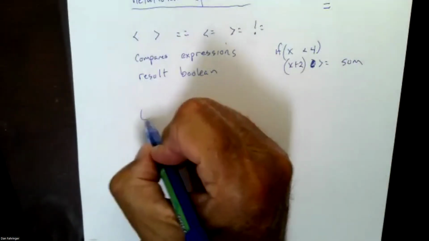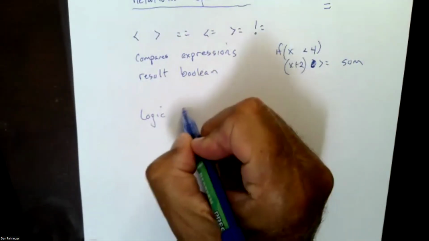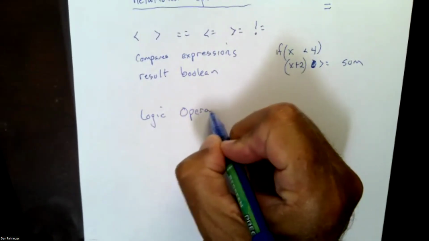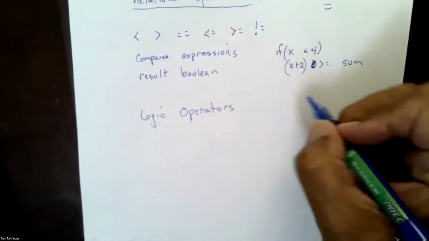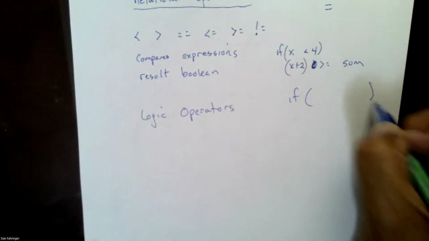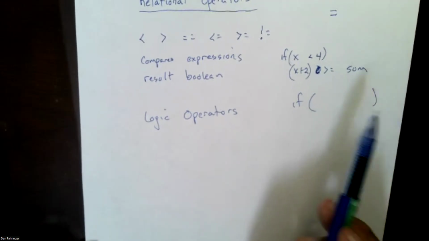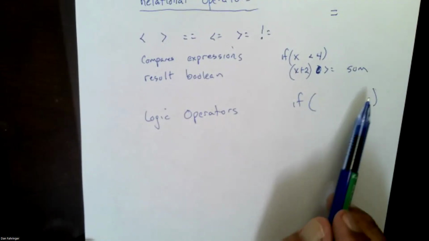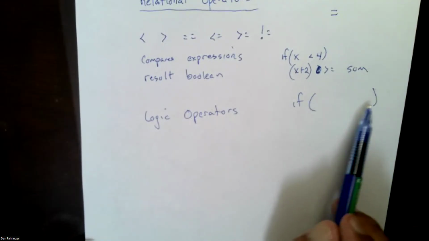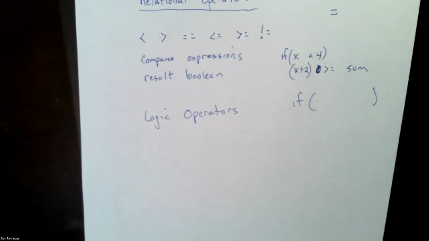We had the logic operators. And again, all of this is work that I may need inside of these parentheses for an if or a while, which is coming up in the next chapter. But I need some kind of thing to evaluate out as true or false.